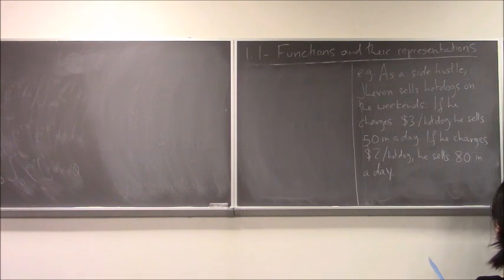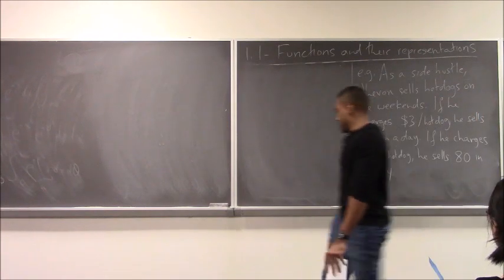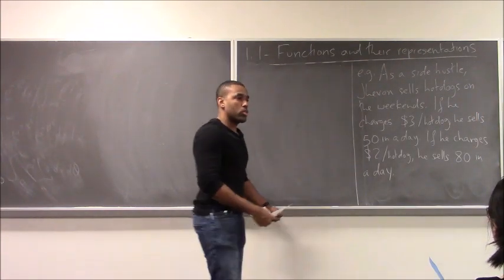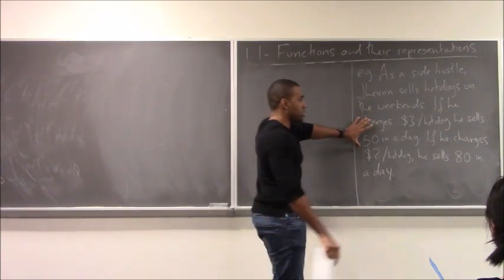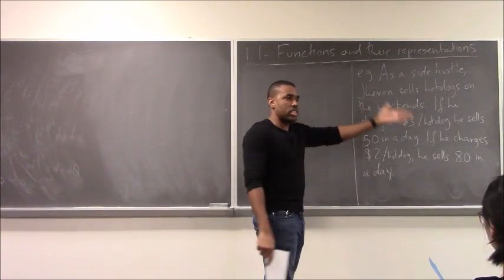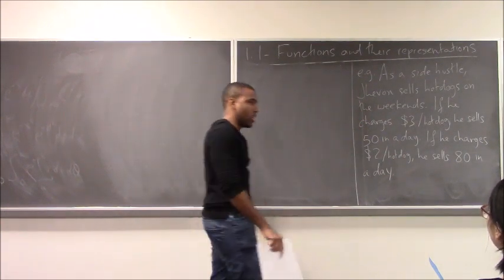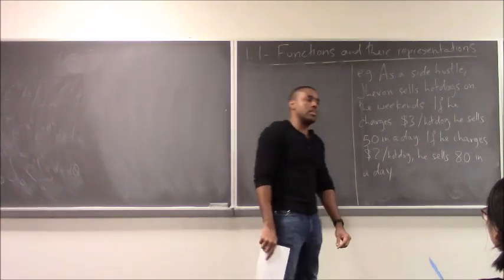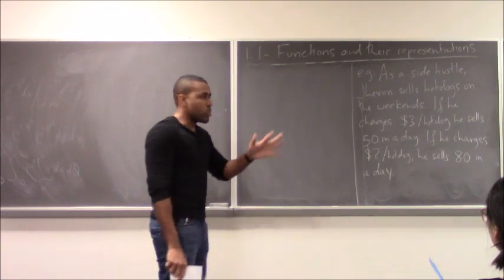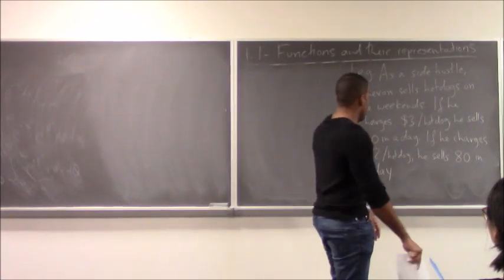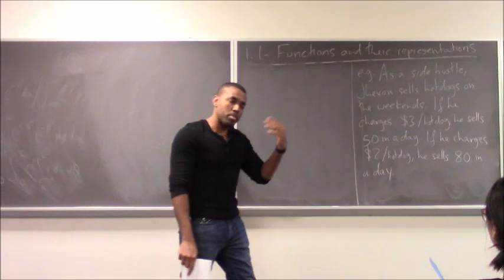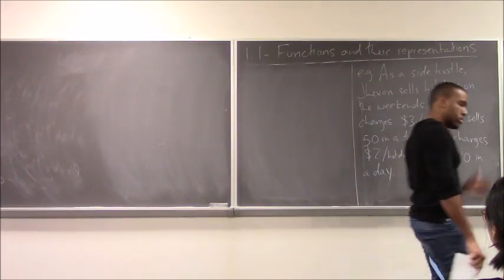I have to sell hot dogs on the weekend to make ends meet. Okay? And where you would get this information from typically would be actually statistics. Someone would go out and measure things. So I just know after selling hot dogs for a long time, if I charge $3 per hot dog, I would roughly make 50 sales in a day. If I charge $2 for hot dogs, I would roughly make 80 sales in a day. So that's the situation. Okay?